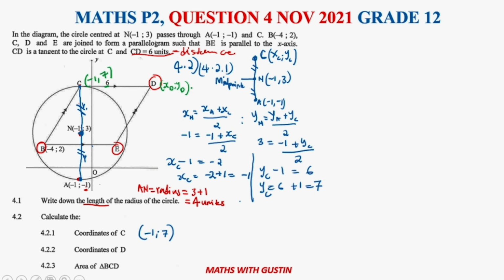Okay, so now looking at this, you can use the distance formula, no problem. You can apply the distance formula if you want. I'm just going to show one way of doing it. Okay, let's come here, 4.2.2.